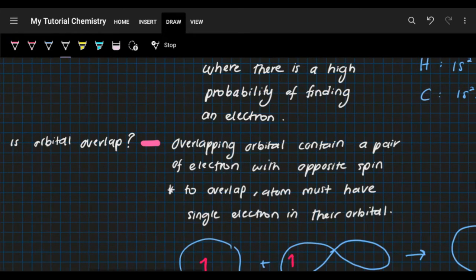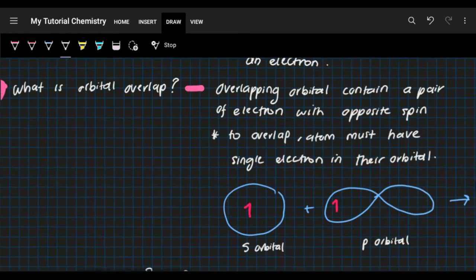Okay, next, what is meant by orbital overlap? Orbital overlapping contains a pair of electrons with opposite spin. To overlap, an atom must have a single electron in its orbital. So to combine atoms to form a molecule or a new compound, one atom has to overlap its orbital with another atom's orbital.